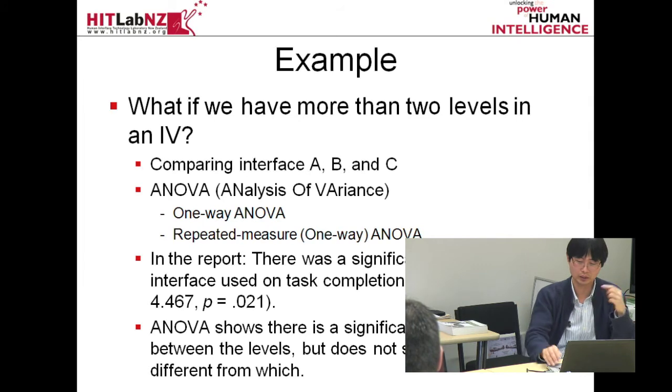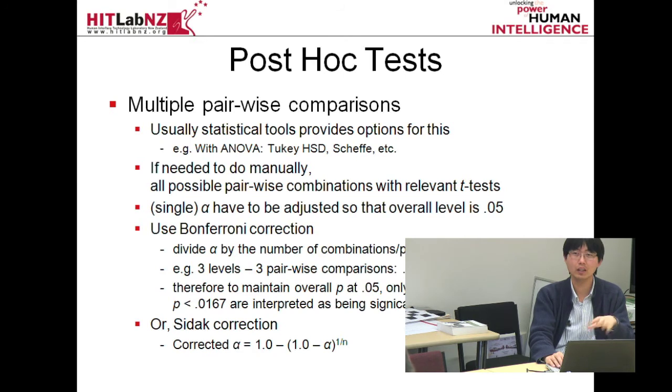And usually the statistics tools, if it's a good enough tool, I don't think Excel does this, but at least SPSS or R, I think R does this. I'm not sure, I haven't used R, but anyway, SPSS or SAS or such statistics tools will do the pairwise test automatically for you.